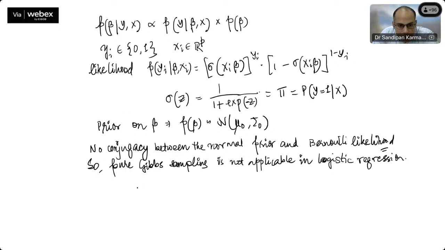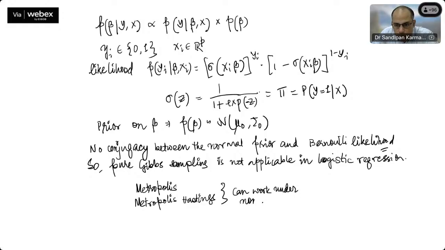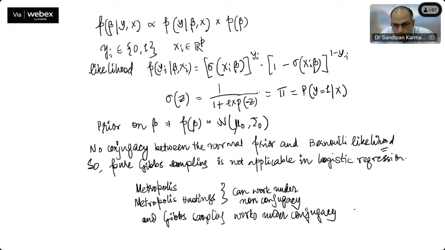So let me write it here: Metropolis and Metropolis Hastings both can work under non-conjugacy, and Gibbs sampling works under conjugacy only.